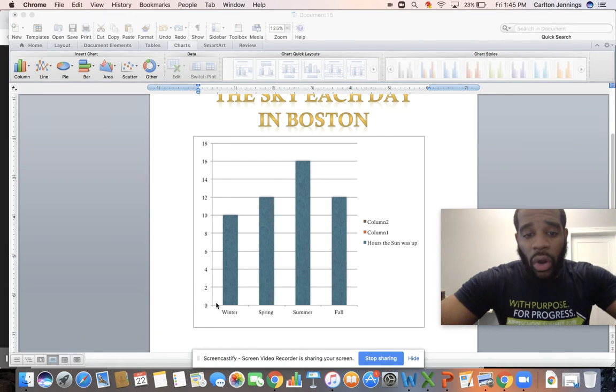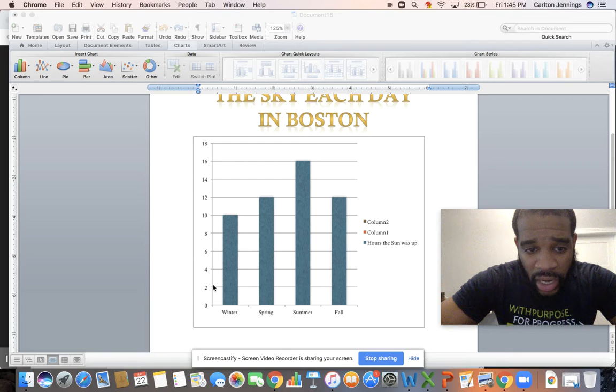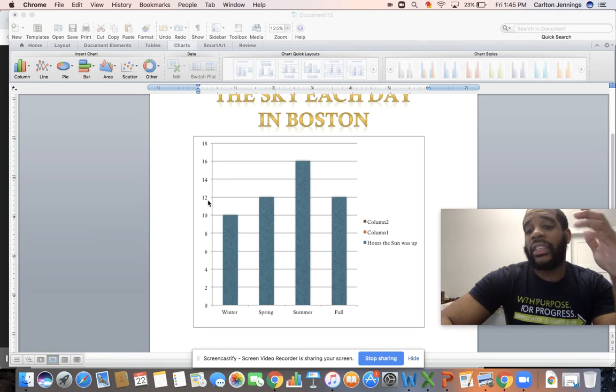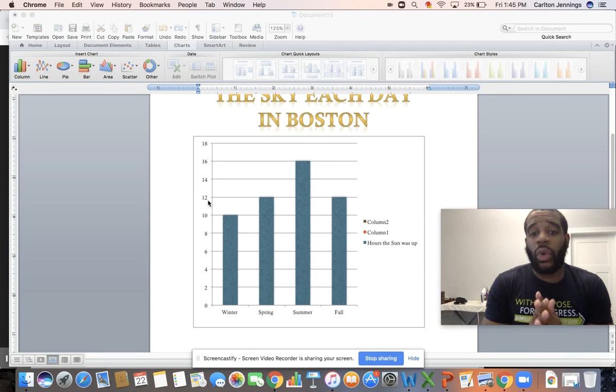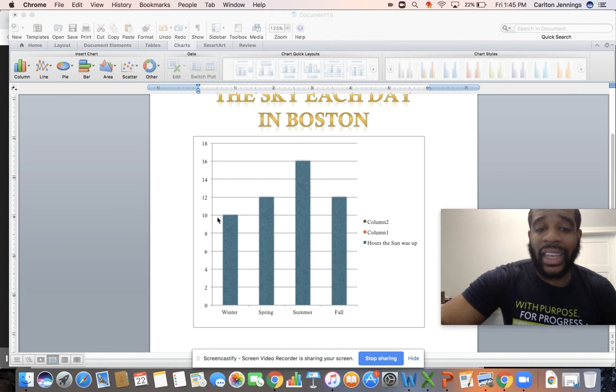To do that, you use the graph, you use the numbers, you go all the way up, you stop, and you see where the bar stops for spring. You see where the bar stops for fall, and we know that that number is 12. So if you have 12, that is correct. The sun is up for 12 hours each day in Boston from this graph, and it is the same for spring and fall. For winter, we see that winter has 10 hours.